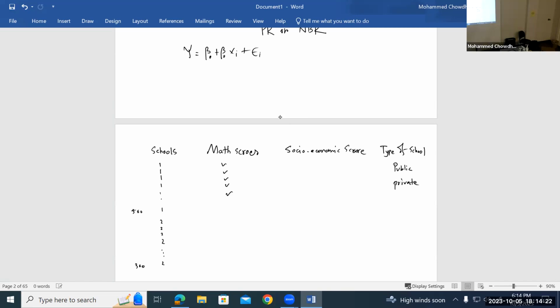You understand? This was discovered like 50 or 60 years ago. So this type of data arose, and then mathematicians, statisticians, scientists had to develop a new method to address this type of problem, where there is a cluster, that means school, and you have scores, and then this math score depends on the socioeconomic score.